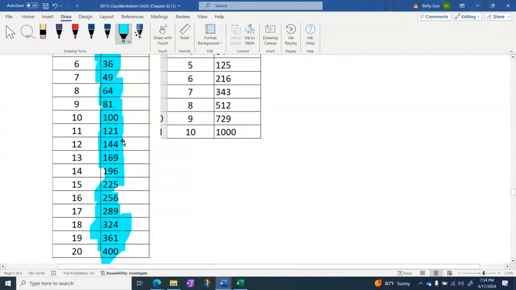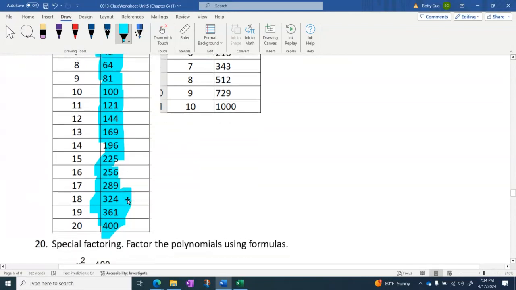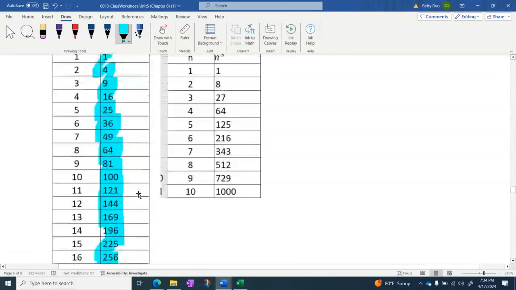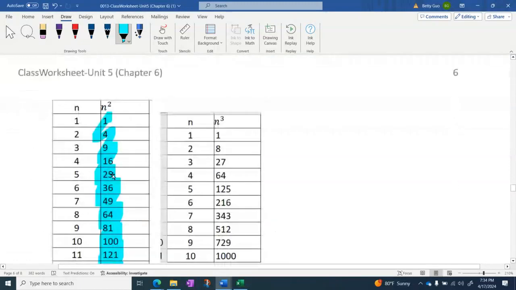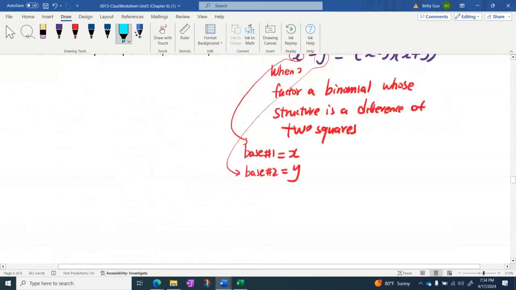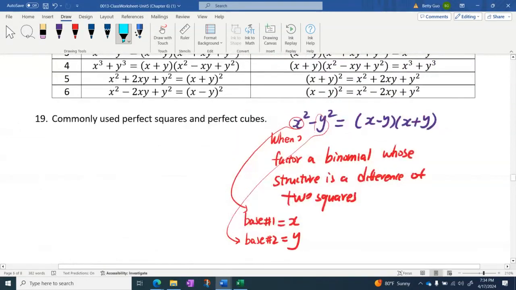It is the square of 12. And when you see 361, you need to remember 361 is also a perfect square. It is the square of 19. Please find the time to memorize those perfect squares, okay? That would help us when we need to apply those formulas.